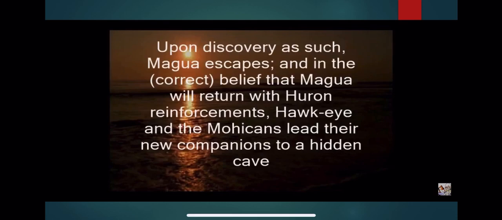Heyward becomes suspicious of Magua, and Hawkeye and the Mohicans agree with his suspicion that Magua is a Huron Scot secretly allied with the French, that he is a spy. Upon discovery as such, Magua escapes.